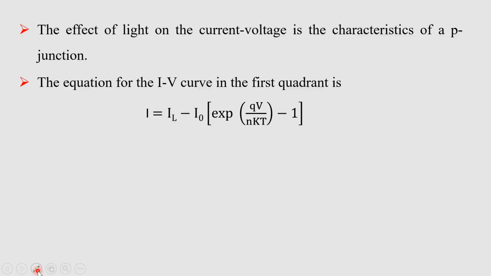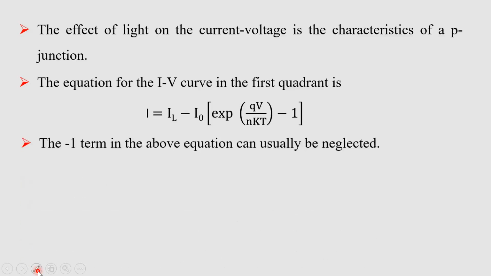In this equation, IL is positive and the other quantity is negative. In the fourth quadrant, IL is negative and the other quantity is positive.